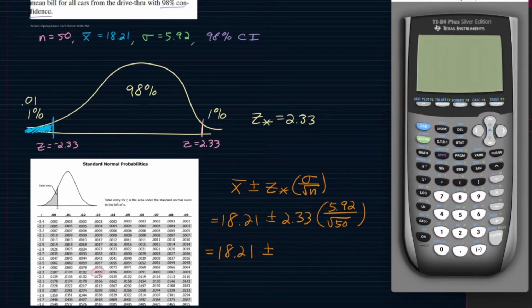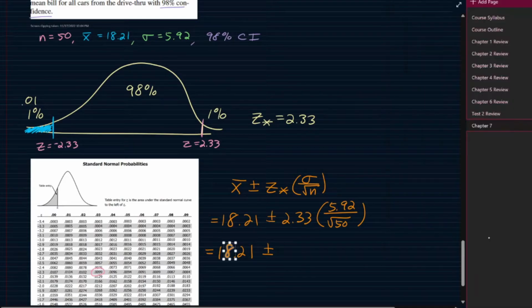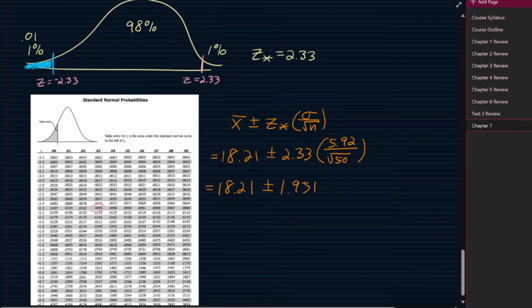The thing to the left of the plus-minus is the point estimator. Confidence intervals are basically always a point estimator plus or minus some margin of error. So 2.33 times 5.92 divided by square root of 50 gives us 1.951. We just add and subtract this value from 18.21.